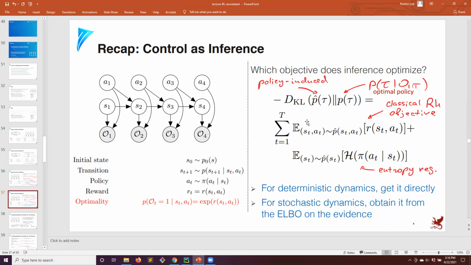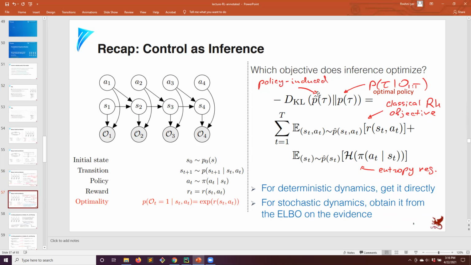Then we saw something interesting, which is if we start with an arbitrary policy of P hat, and then we have this optimal policy of P, we can compute the Kullback-Leibler divergence and minimize that to try to get this optimal policy.